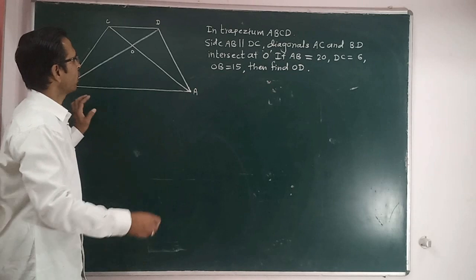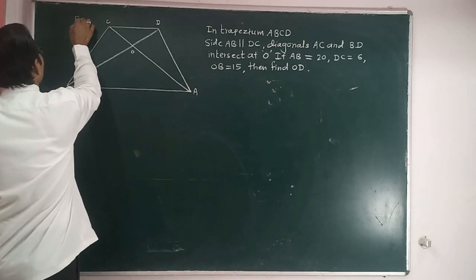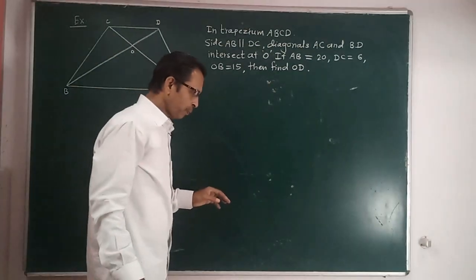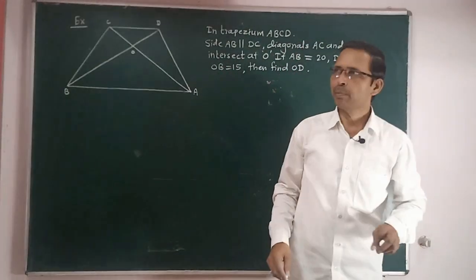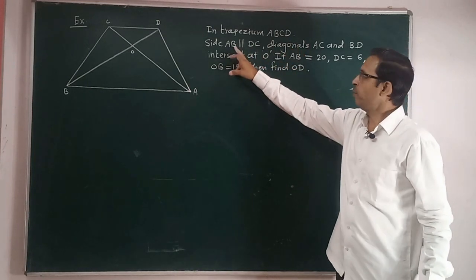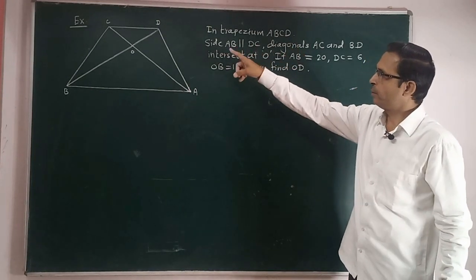Let us solve this example. In this example, trapezium ABCD is given. Side AB is parallel to DC, see here in the diagram.